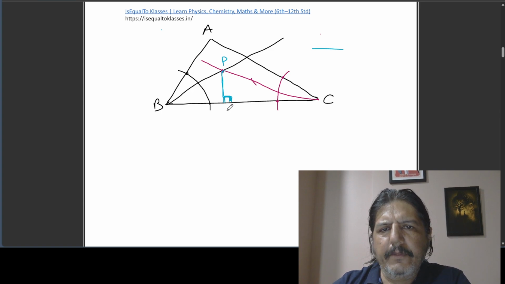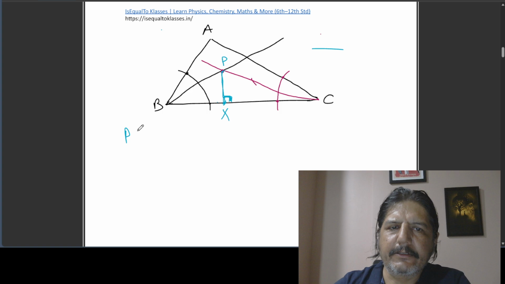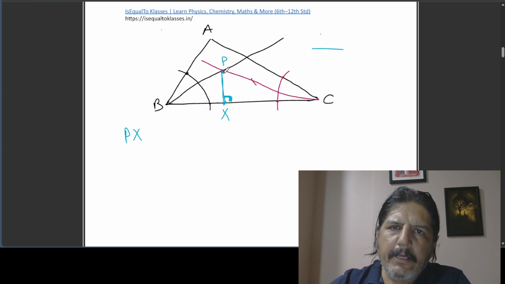And let me call this point X. Now, using your compass, you will measure this distance PX. And you will be drawing a circle like this.